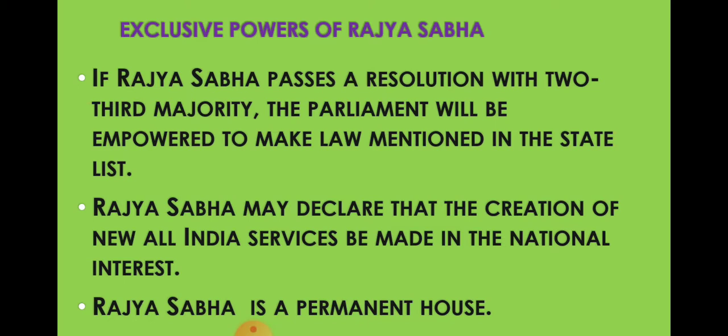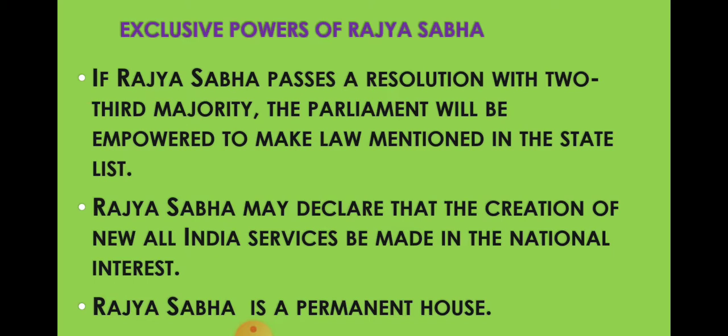But in any situation, Rajya Sabha cannot be dissolved. It will be a permanent house. Once the Lok Sabha is dissolved, the Rajya Sabha will take over the powers of Lok Sabha. These are the three exclusive powers of Rajya Sabha.